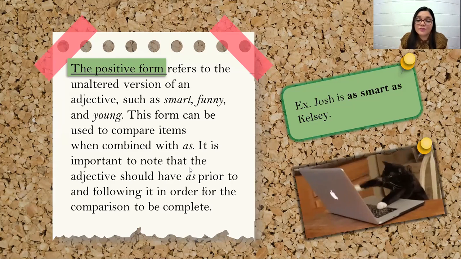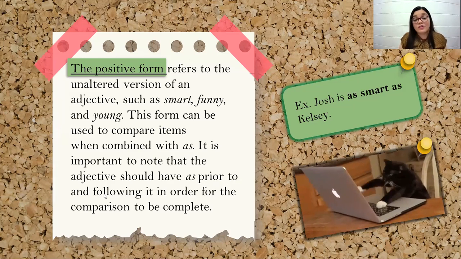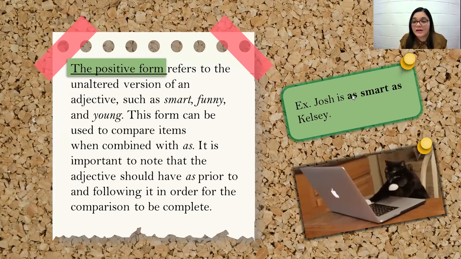It is important to note that the adjective should have as prior to and following it in order for the comparison to be complete. Example: Josh is as smart as Kelsey. So you see here as, then the positive form of the adjective, and then as, and then you compare one person to another.